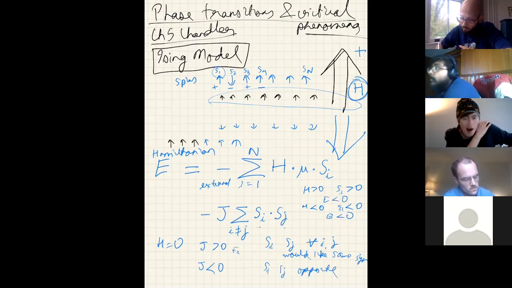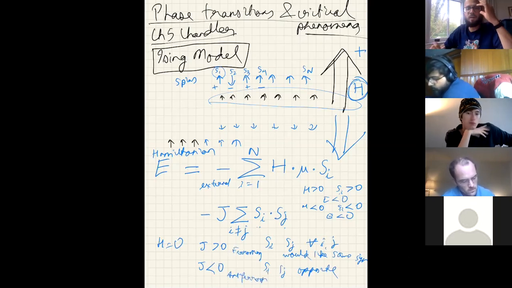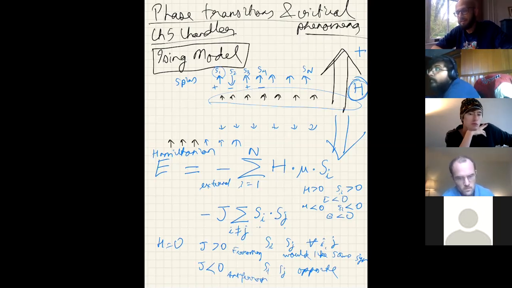So this is ferromagnetic, and this is antiferromagnetic. You can have a lot of fun seeing how these spins align in their minimum energy configuration. As you start increasing temperature, there will be more and more disorder. So we are going to look at this.